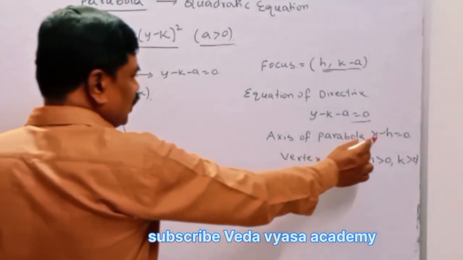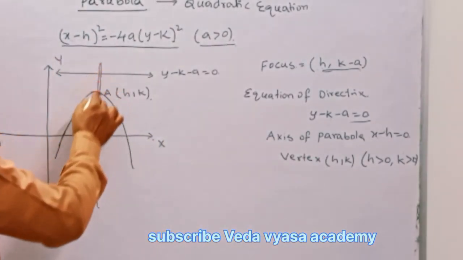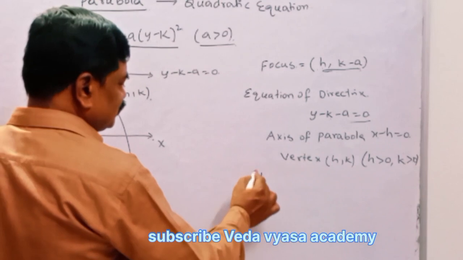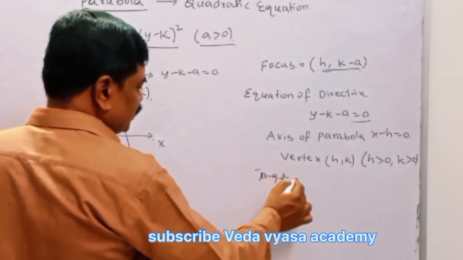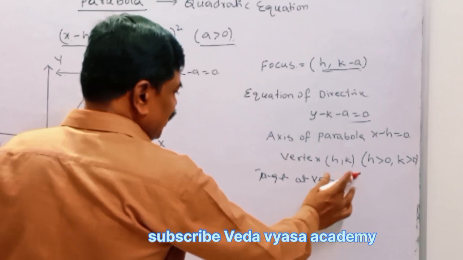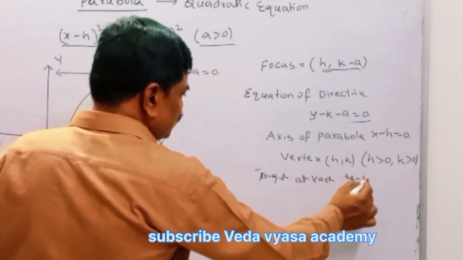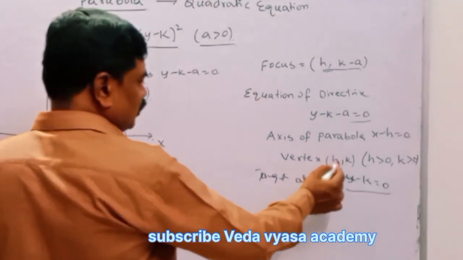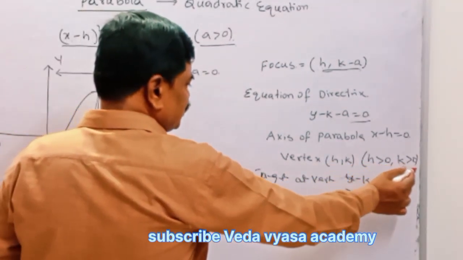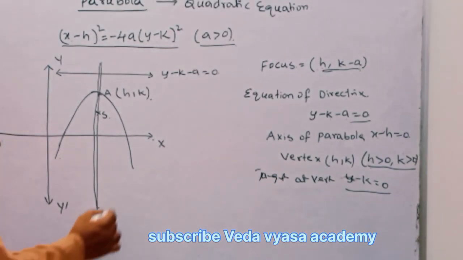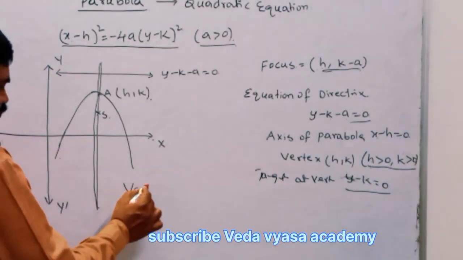Axis of parabola: x minus h equal to 0. Tangent at vertex: y minus k equal to 0, and vertex (h, k), h greater than 0, k greater than 0. This is the vertical parabola.